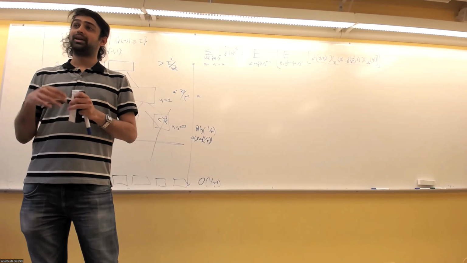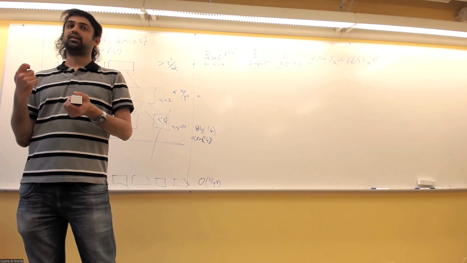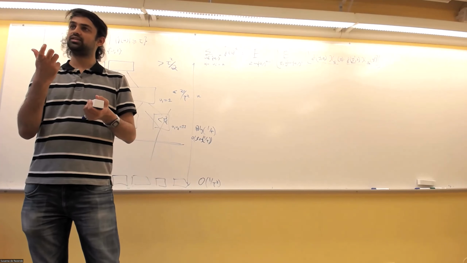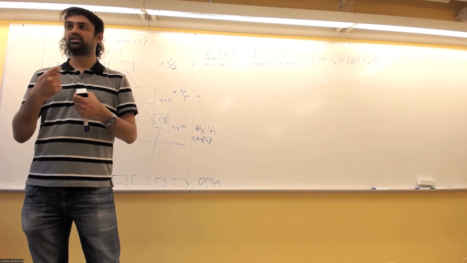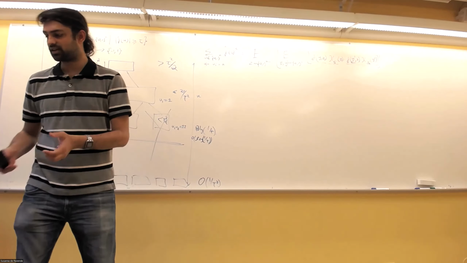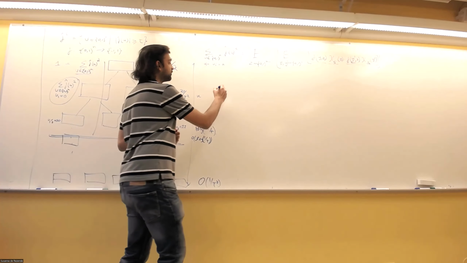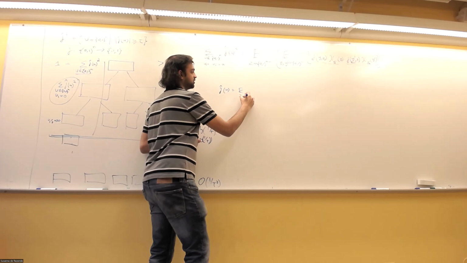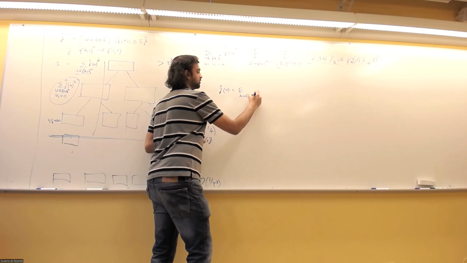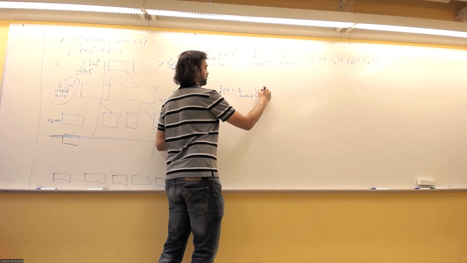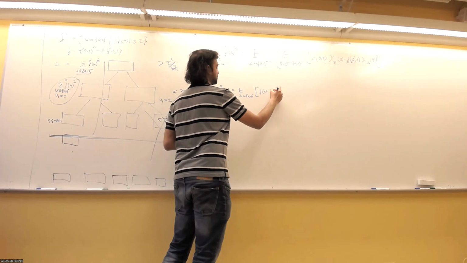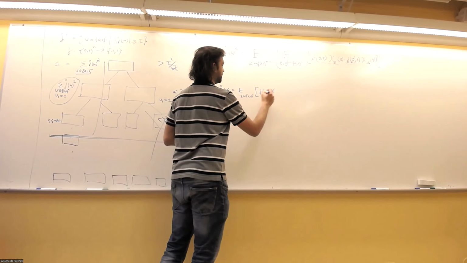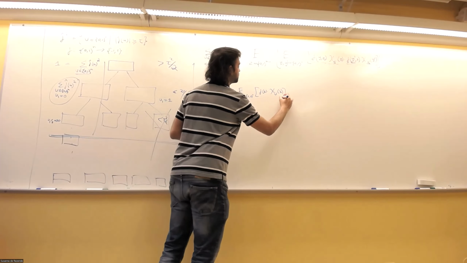Like the malicious prover here, if it sends me a coefficient, I can figure out its Fourier coefficient value. Because any Fourier coefficient value at u is just the expectation over x in 0, 1 to the n of f of x times chi u of x.